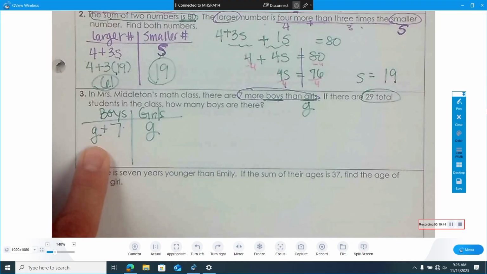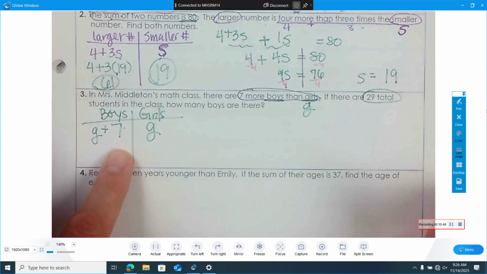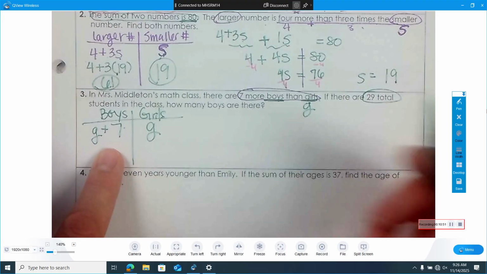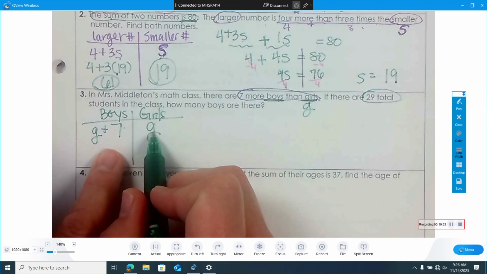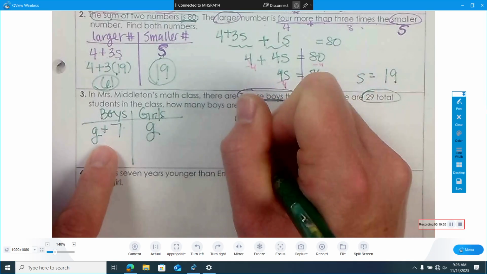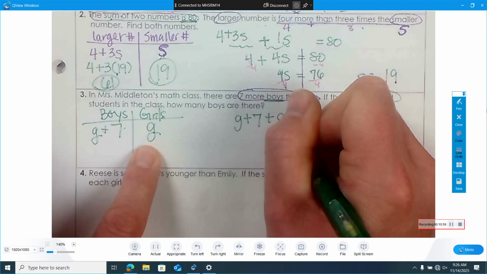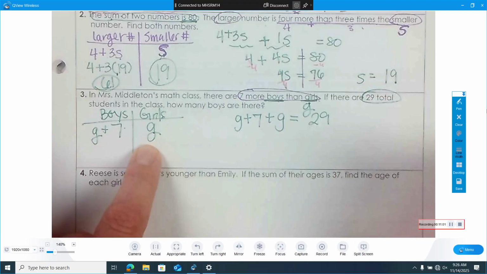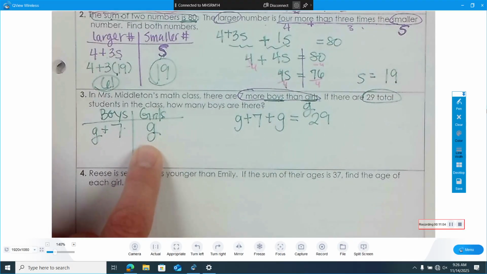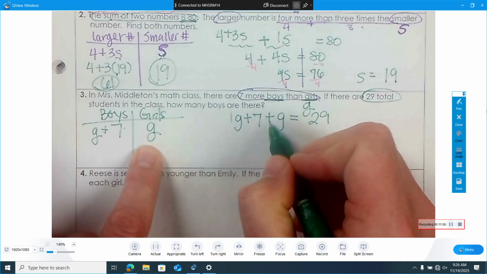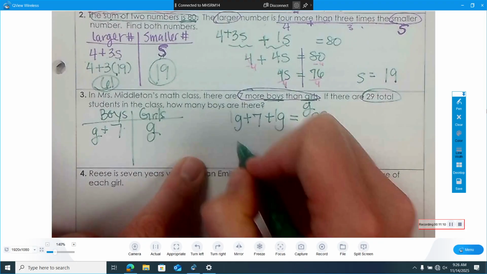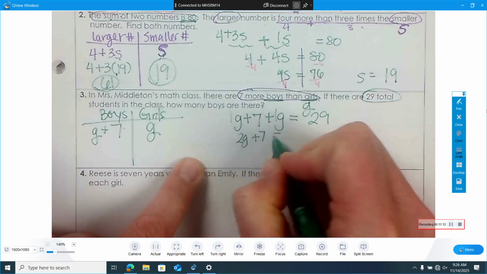How do we get those students? How do we get 29? The boys plus the girls? Yeah? Oh, okay. So the boys, we can show G plus 7, and the number of girls should equal 29. There are a total of 29 students, 29 boys and girls all together. All right, 1G plus 1G, 2Gs plus 7 equals 29.